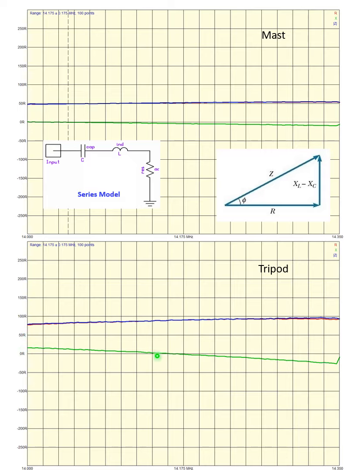We saw this on the phase angle; it comes down through the resonant frequency and then continues to drop, which causes the impedance Z, the blue line, to increase because this part here is increasing. So not quite as good an impedance match through the system on the tripod as we have on the mast. That was an interesting difference.